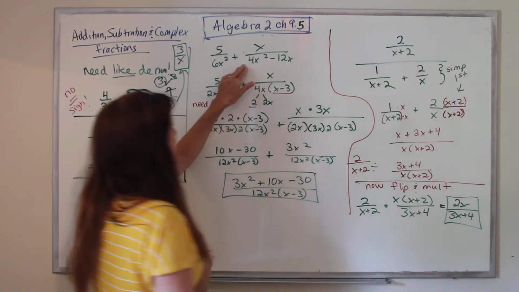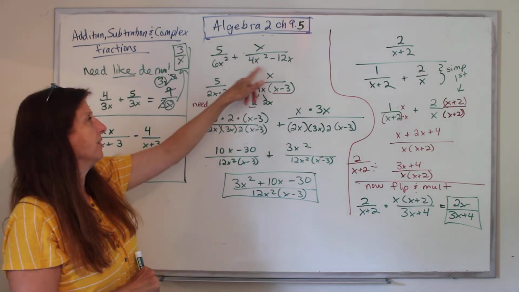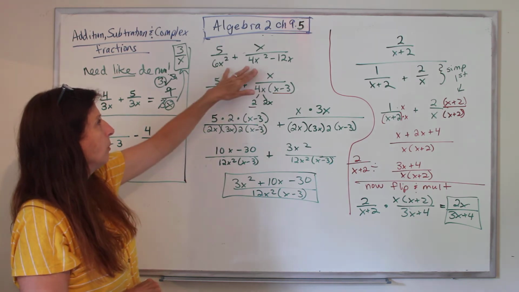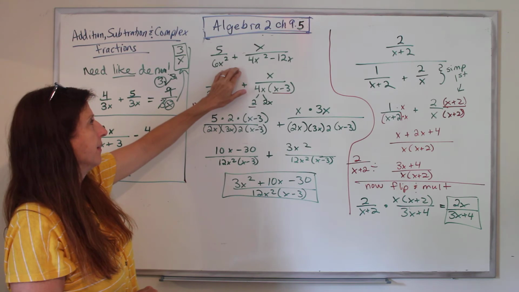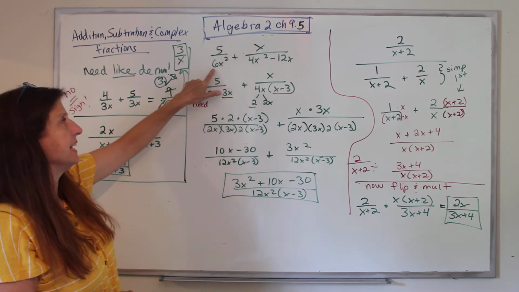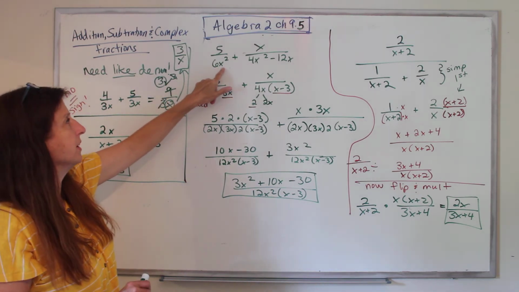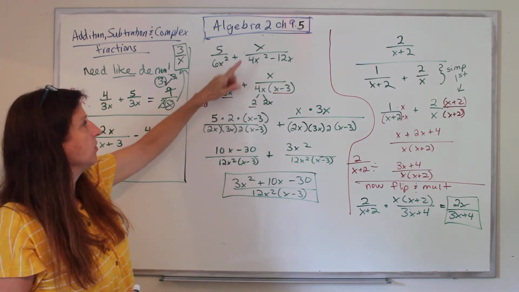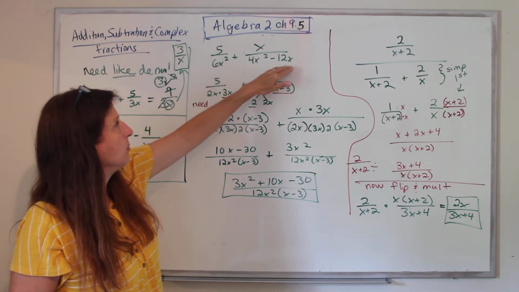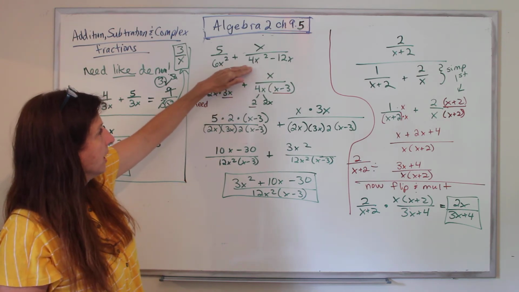Okay, so these sadly do not have the same denominator. So what we have to do is think about what are the components that make this up. This is a 6, which is made out of 2 times 3. These are x's, which are multiplied. You can pull something out of this, right?